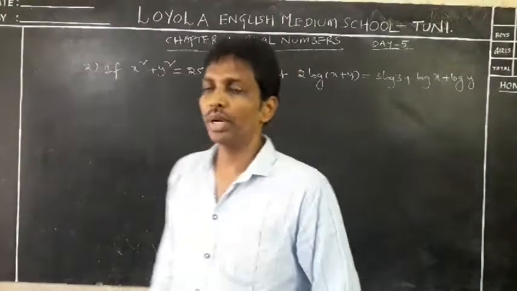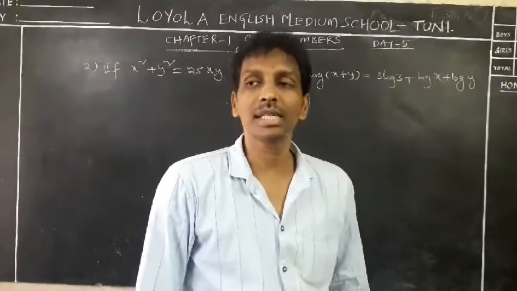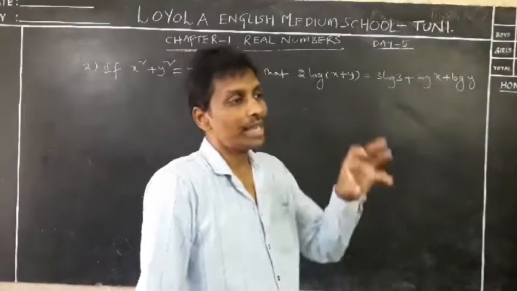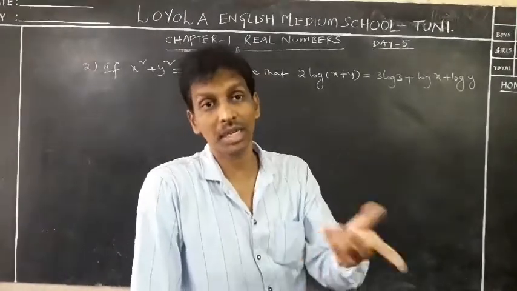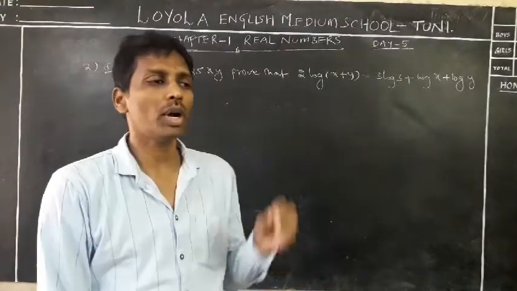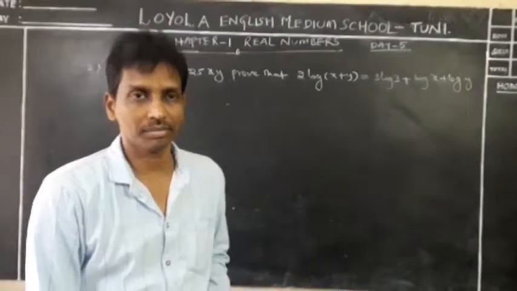So before going to write the solution, some of the students are asking me, sir, how do we know to add something or to subtract something on both sides? Means you don't think about what we should add on both sides or what we should subtract on both sides.